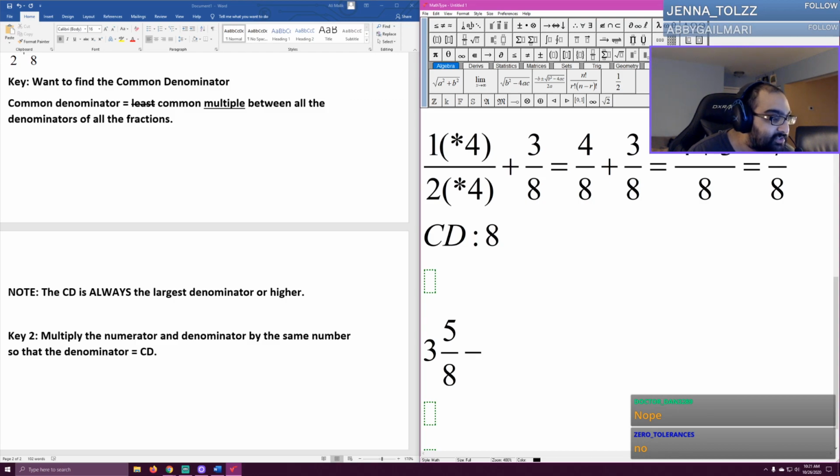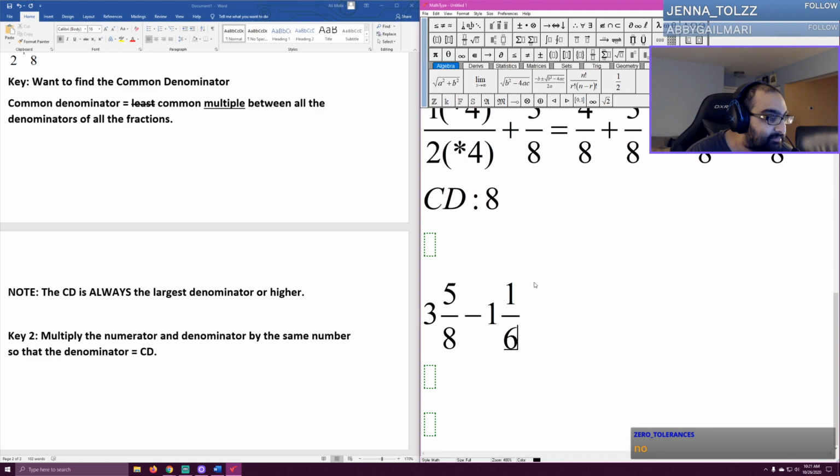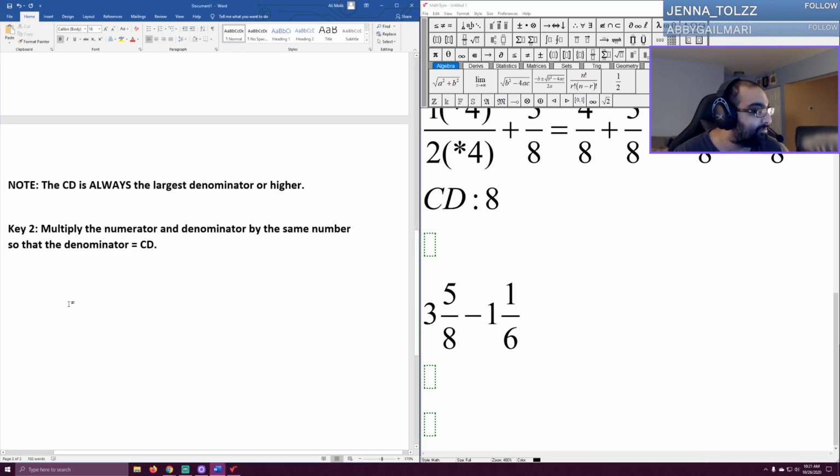Let's go with 1 and 1/6. Sure, okay, let's go with that. So let's go with 3 and 5/8 and 1 and 1/6. Okay, so let's talk about if you encounter mixed numbers that you have to add or subtract with.